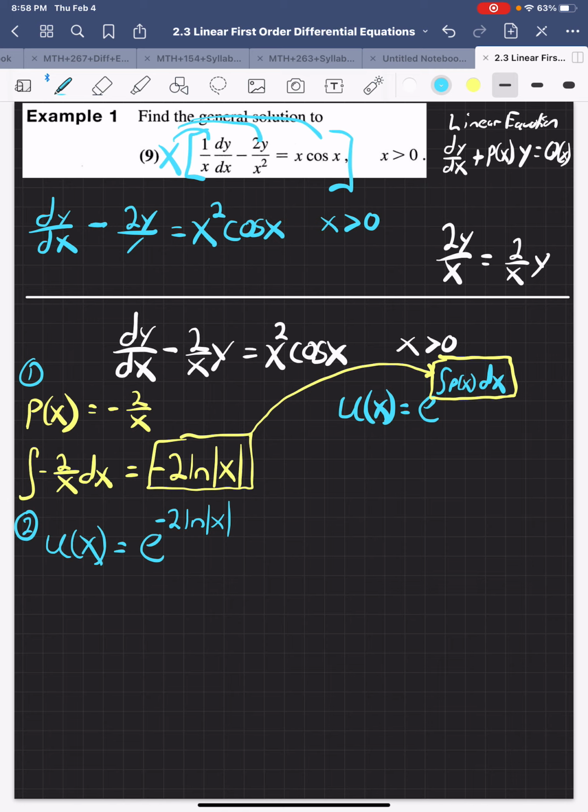Now, step 3 is we are going to distribute this to this equation, but before we do that, let's rewrite.